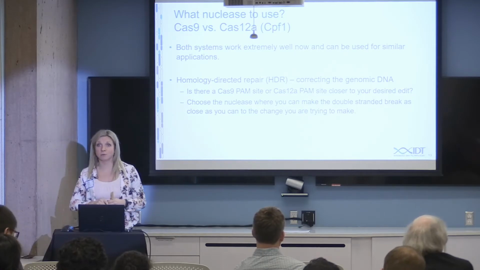Because we found with doing HDR, the closer your edit is to that cut site, the higher level of HDR you're likely to have. It's very important to have a guide RNA and protein that's going to give you high levels of cutting, but you also want to be as close as you can. So that helps drive which one we'll choose in our lab to work with.